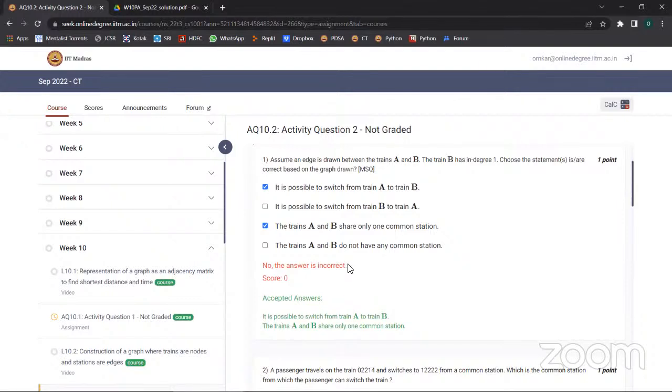That is why I answered the first choice as correct. Yes, both are correct. First and third, both are correct. I'm just saying that because they have one common station and B has one in degree.